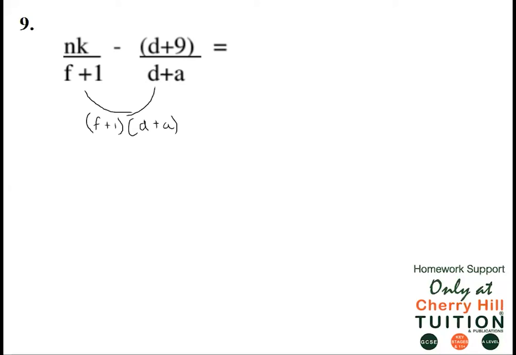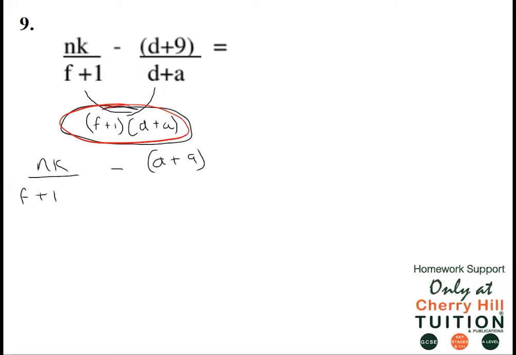Okay, so like I said, we have our desired denominator, and we need to now turn both fractions into fractions that have this denominator. So let's get started. Okay, so we need to multiply (f+1) by (d+a) in order to get that desired denominator. And we do the same to the top.